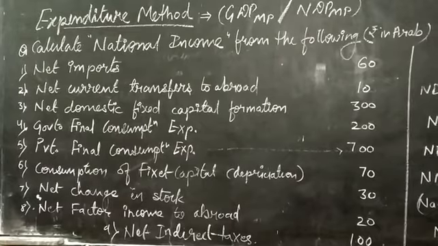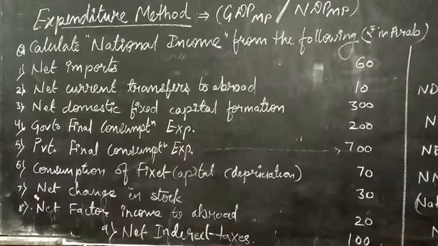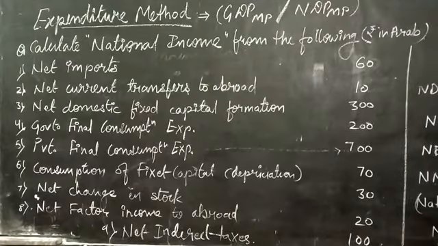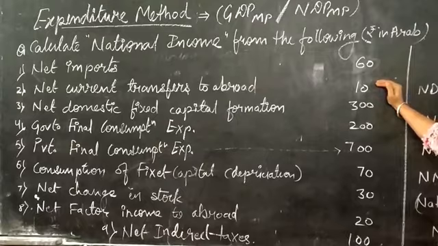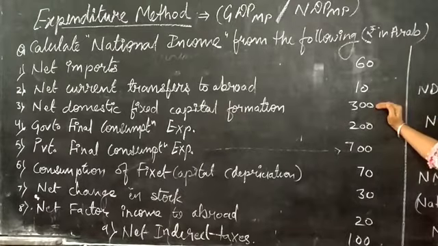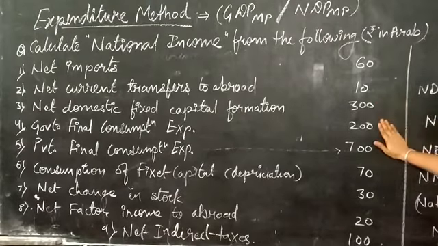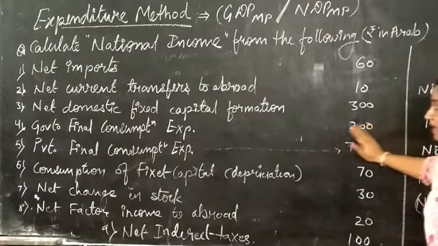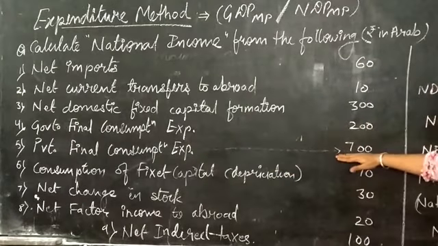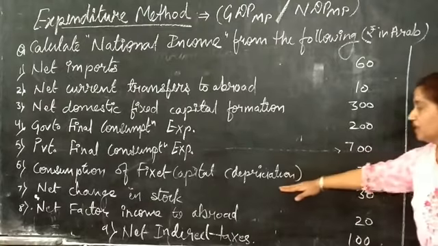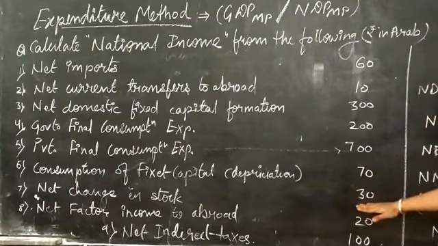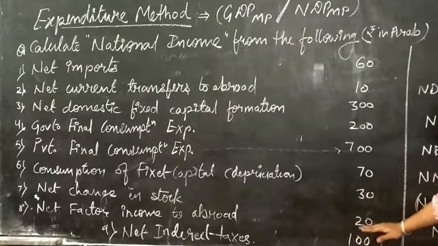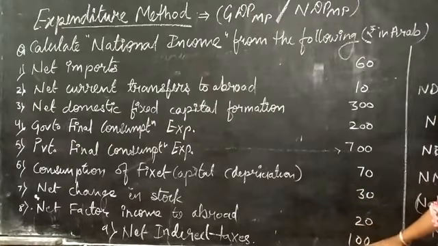The first items given are net imports, 60, and net current transfers to abroad, 10. Then net domestic fixed capital formation, government final consumption expenditure, private final consumption expenditure, that is 700, consumption of fixed capital, 70, net change in stock, net factor income to abroad, and net indirect taxes.